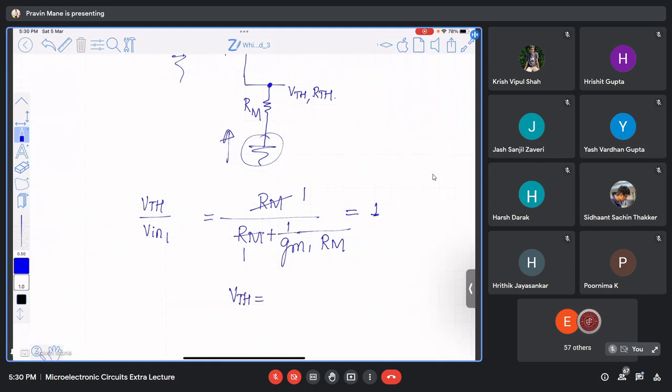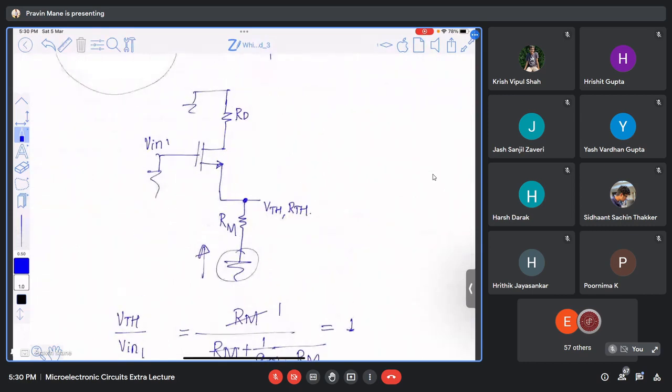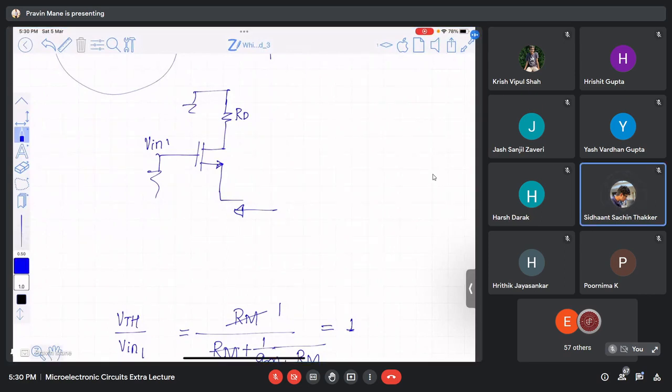Vin1. Agree? Agree or not? Yes, sir. And what is RTH? What is the resistance looking from this terminal? 1 by gm. 1 by gm1.